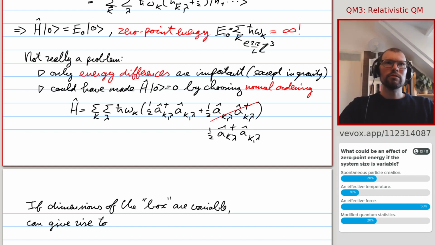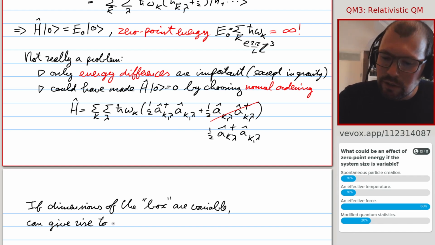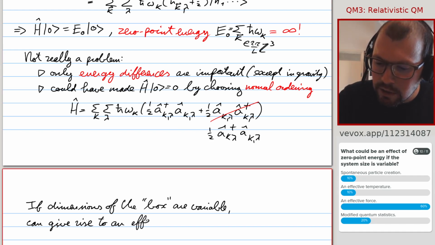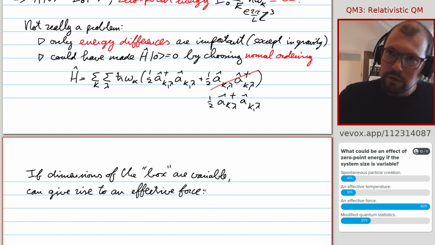So what happens when you have an energy that depends on a size? Say the energy increases or decreases when I make the box larger or smaller. Well, that's going to give rise to an effective force, because gradients of energies are forces. So it gives rise to an effective force, and this force is known as the Casimir effect.